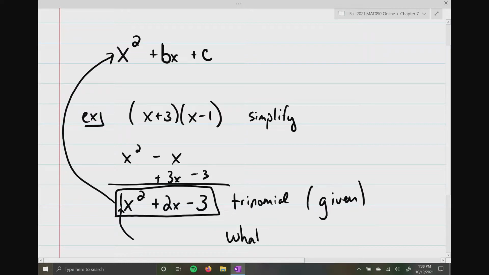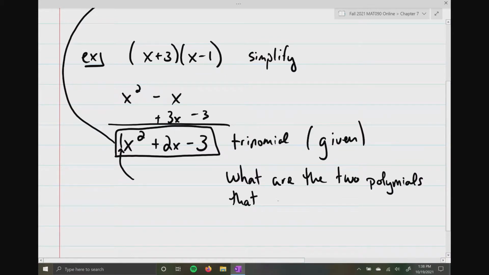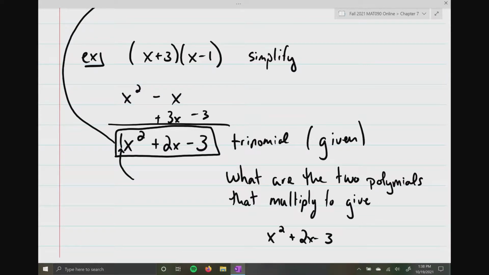What are the two polynomials that multiply to give x squared plus 2x minus 3? If you think about this, we're going backwards again. Remember, it's kind of like Jeopardy. I'm giving you the answer. What you've got to give me is the question.